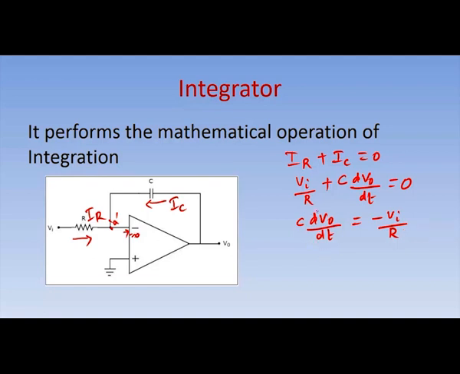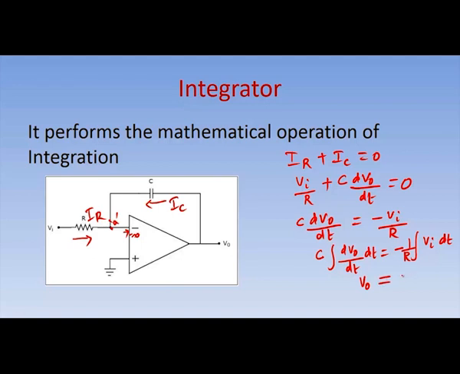So, to remove this differential part, I am using an integration of dV0 by dt with respect to dt, equal to minus integral Vi dt, and the constant value R is taken out, and here the differentiation and integration will go off.